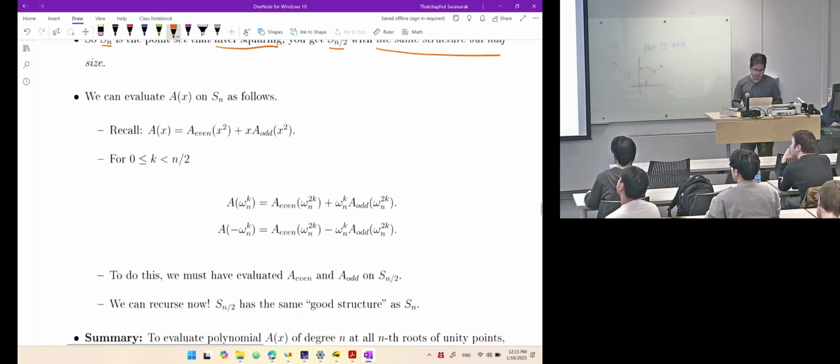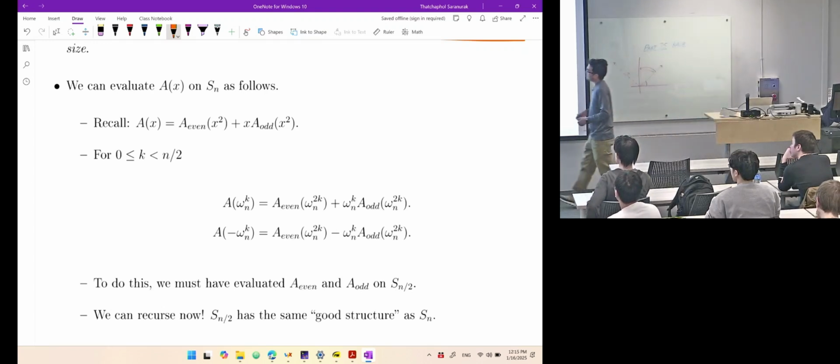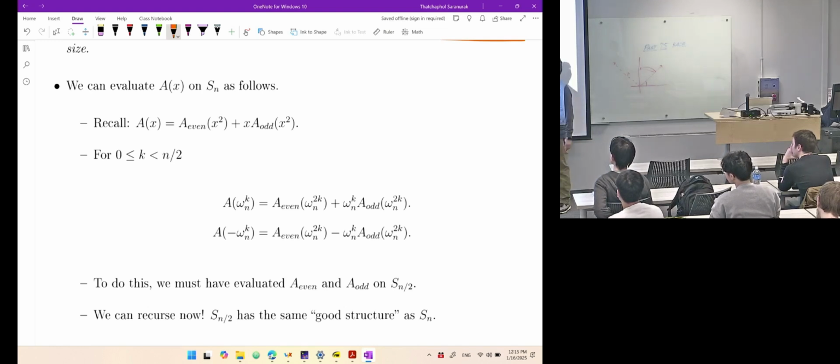With this in mind, you can follow the same recursive algorithm that we tried before: evaluate the pairs that are negations of each other at a square of A even and A odd. The point set that we need to evaluate A even and A odd at is just exactly the n over 2 roots of unity.